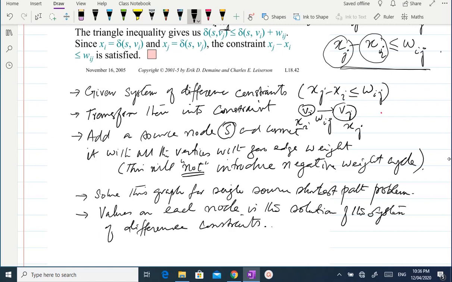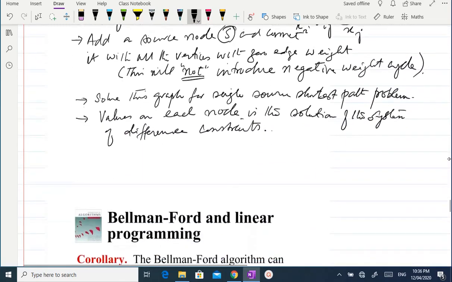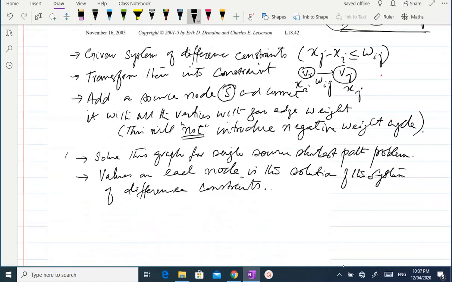So this is how you can solve the system of difference constraints by transforming it into a single source shortest path problem. How can you do it? By using Bellman Ford over here.